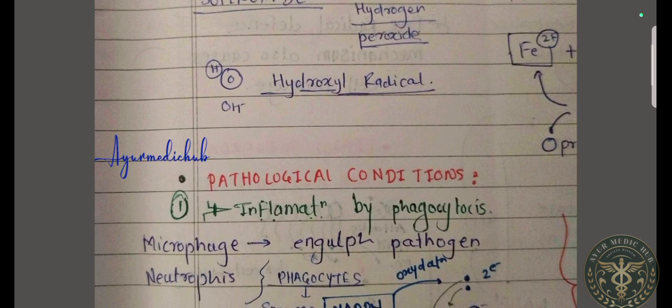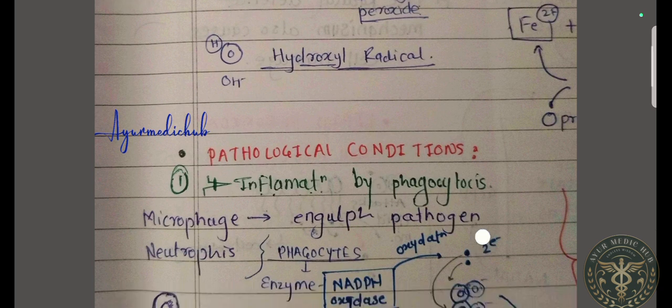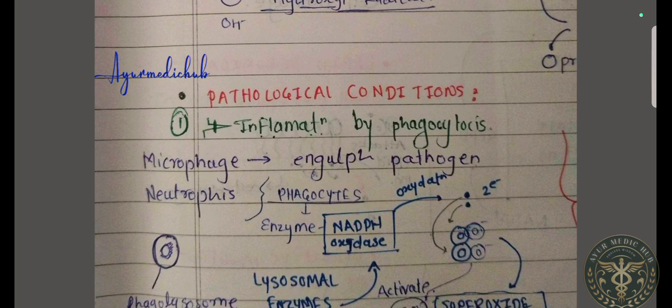Another way of forming free radicals in the cell is pathological conditions. What happens in case of inflammation by phagocytes?